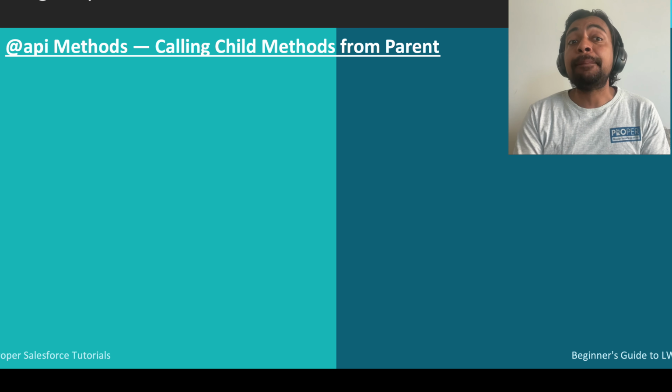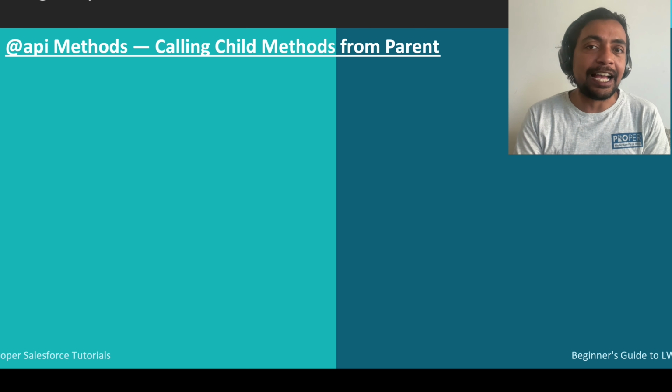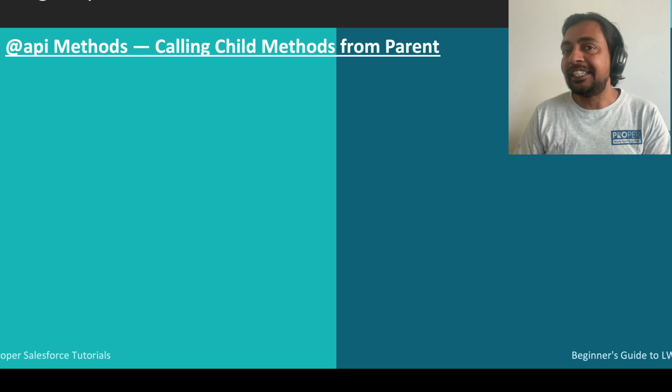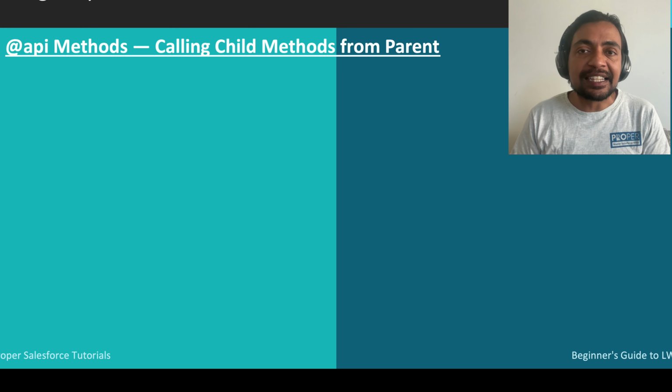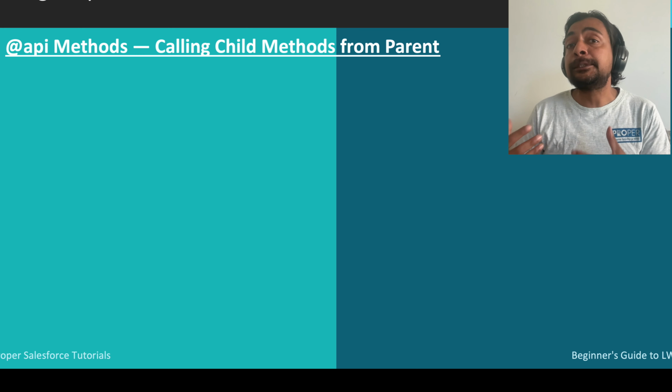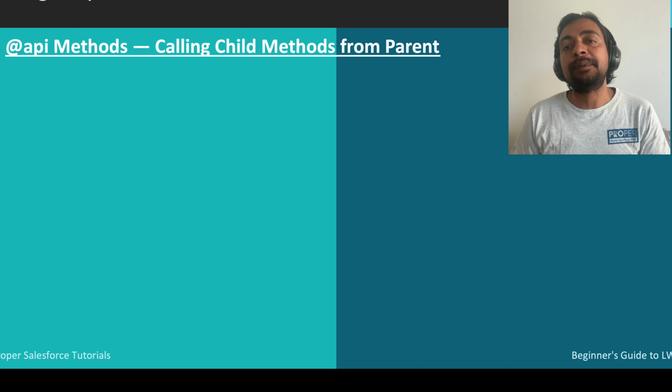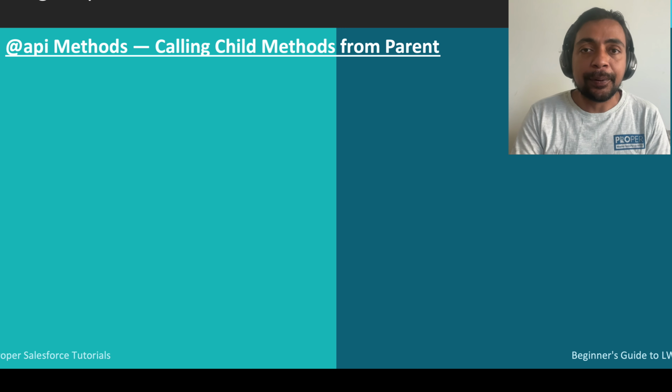Now, @API methods. We can use @API with methods as well, and those methods will become public methods. So in a child component, we can have methods which are decorated with @API, making them exposed to the parent, and then the parent can call those methods as and when required.